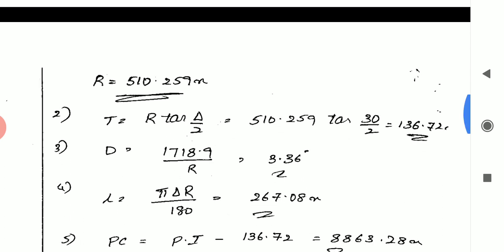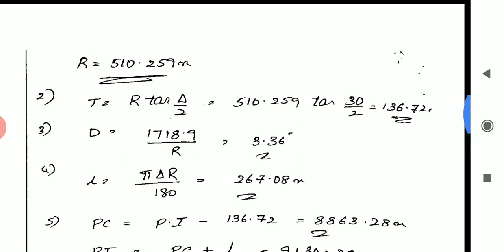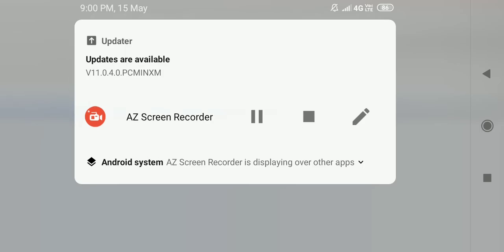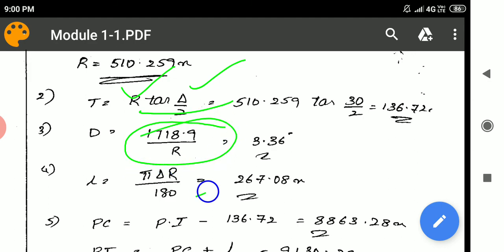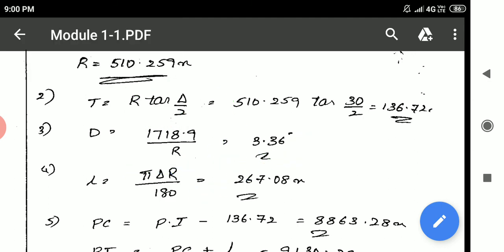And same thing for tangent length, the tangent formula is T equal to R tan delta by 2. So already we know delta, and from the previous solution we got the R value. So we will get the tangent, and also the D value, and also the length of the long chord we have to solve.